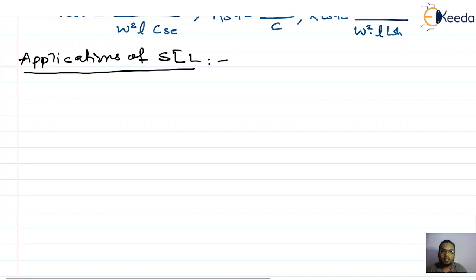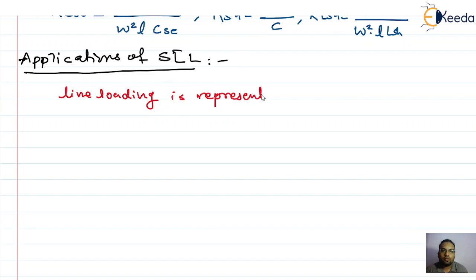As I said in the beginning, power engineers represent the loading in terms of this SIL. So I can write here, line loading is represented in terms of SIL. Suppose let us take one example.